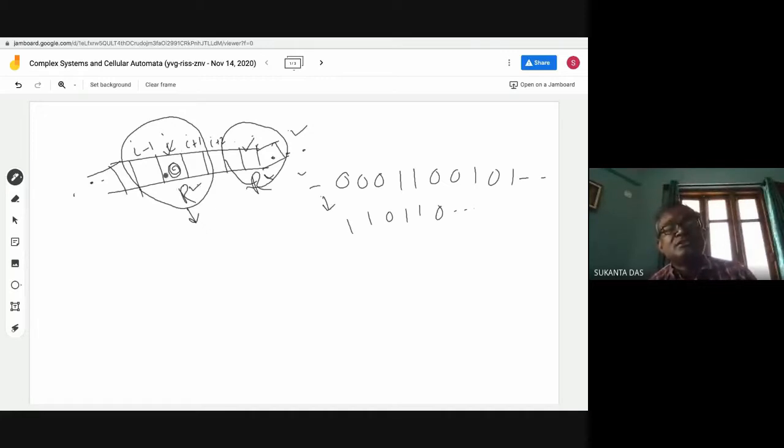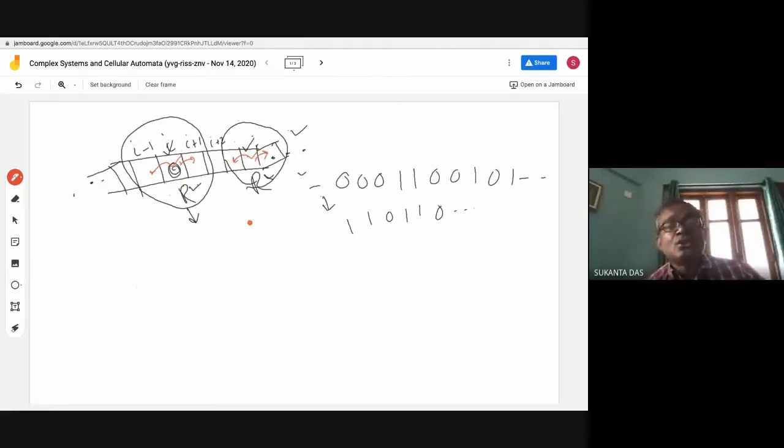See here, look at this neighbor connection, this particular cell. Let me use a different color. Say this particular cell, it depends on its left neighbor, its right neighbor. Same is here. This cell also depends on left neighbor, right neighbor.